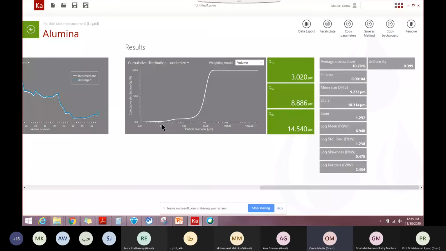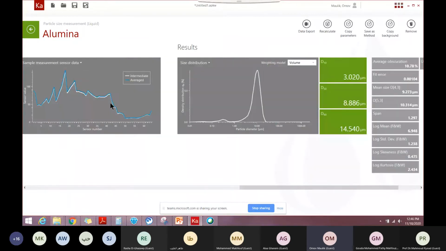The other information that you can get from this distribution is the average obscuration, which we have set to be around 10%. The fit error is how well the curve is fitted, meaning the intensity curve you are getting at the detectors is having a fit, and that will give you your fit error.